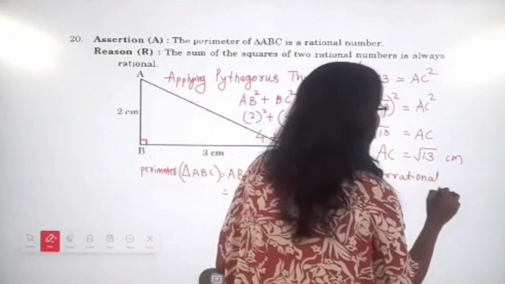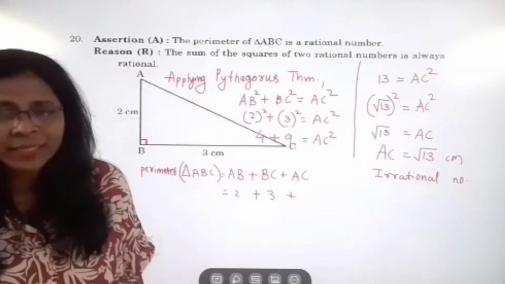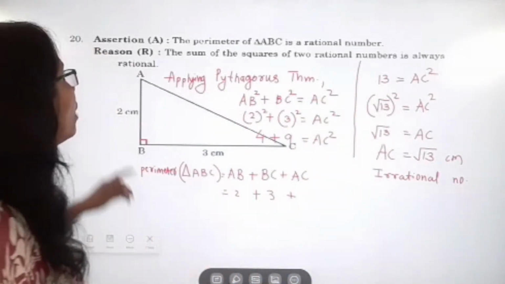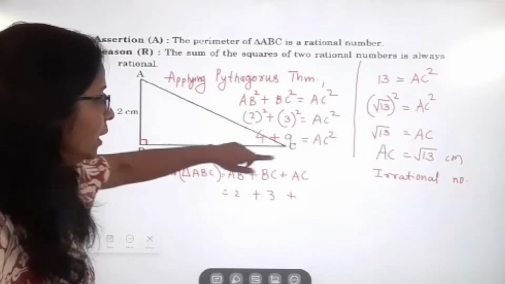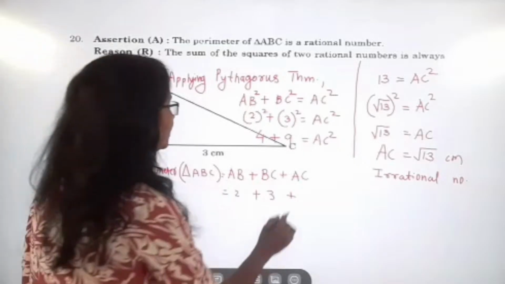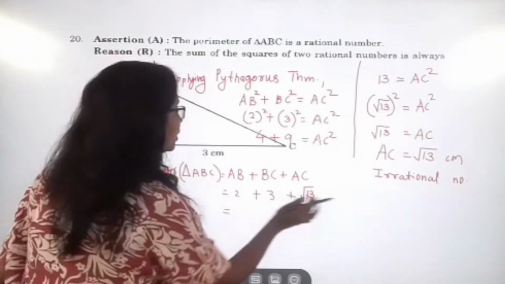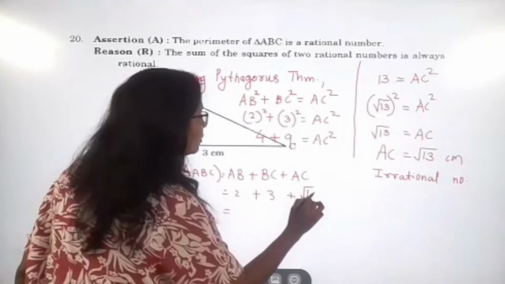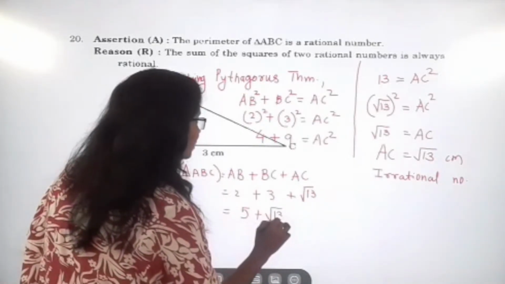So that means here we have to put root 13 in the perimeter. 2 plus 3, that is 5, so 5 plus root 13 centimeter.